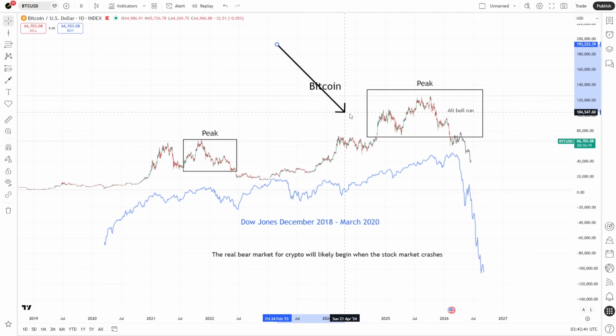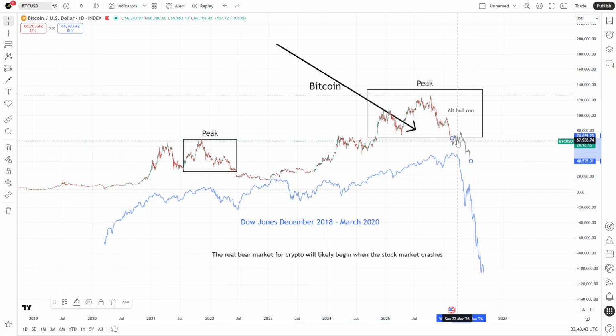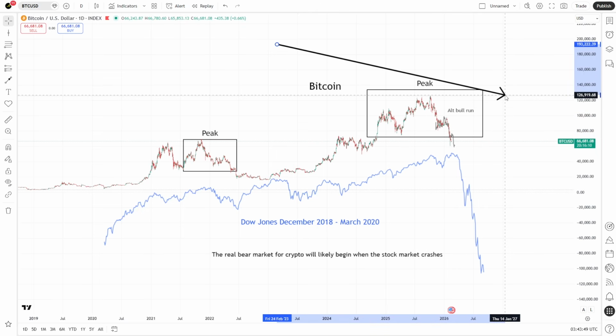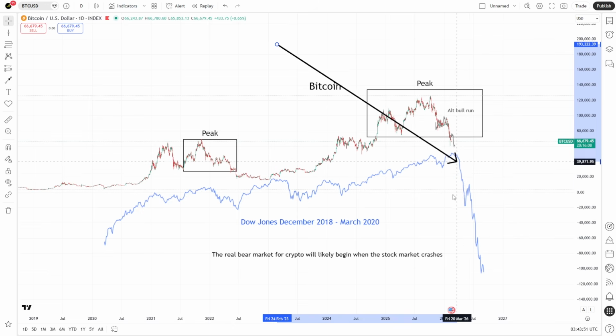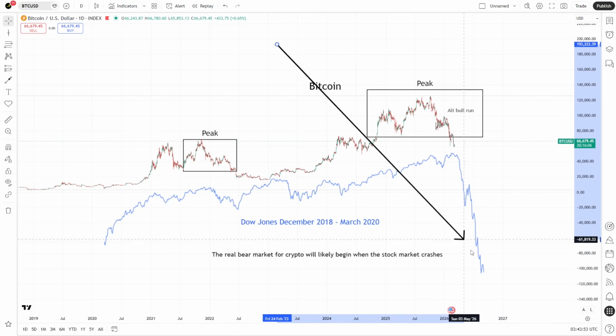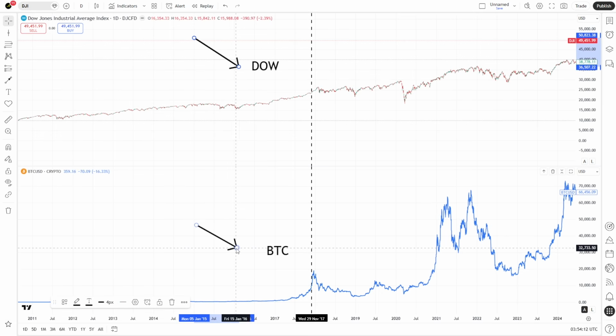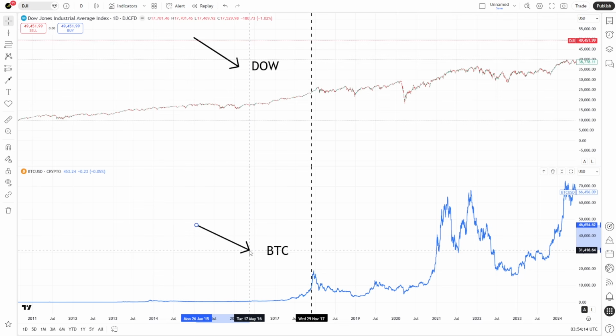Now, maybe I'm wrong. Maybe this is this, and maybe this is the bottom, and we're going to go into the recovery, but then we have this whole dilemma to acknowledge. There's another possibility. Let me show you. So now we're back to the Dow Jones on the top and Bitcoin at the bottom, and this is back in 2017, the 2017 Bitcoin bull run.